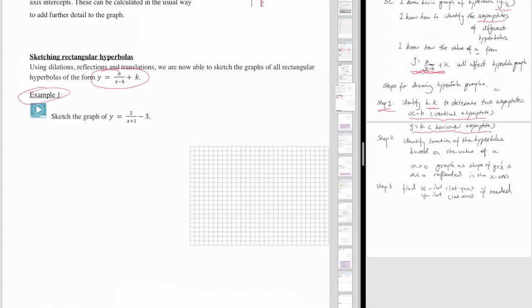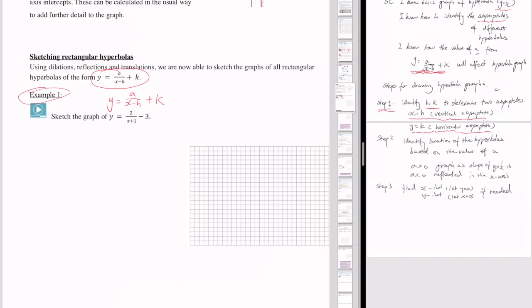Let me write this form over here: y equal to a over x minus h, plus k. So compare the general form and the rule given by example 1. Before we identify h and k, you need to rearrange the rule to make it look exactly like the general form of the hyperbola.